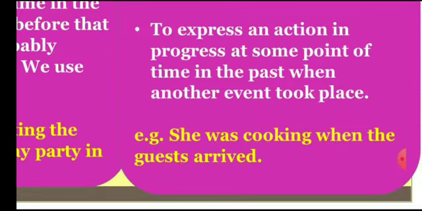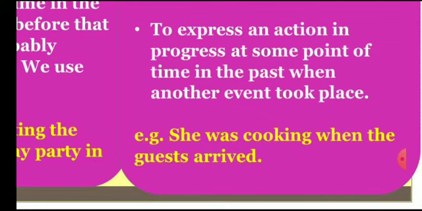To express an action in progress at some point of time in the past when another event took place. So, she was cooking when the guests arrived. So here we have expressed two events.